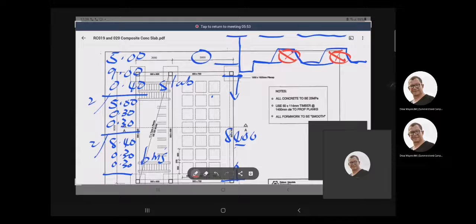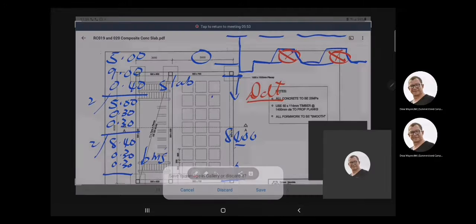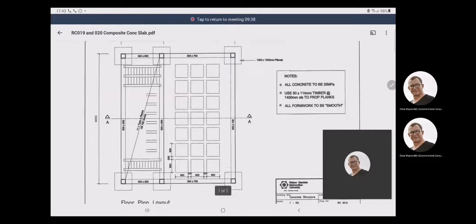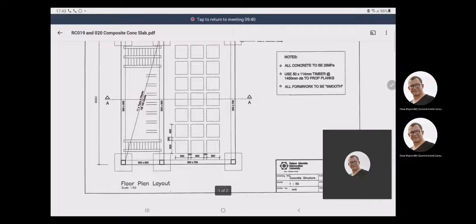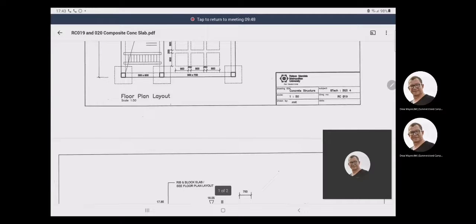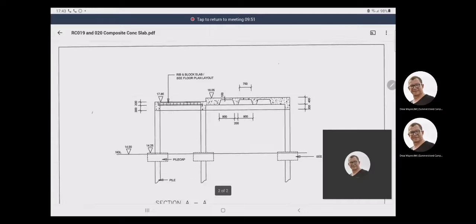So in my dimension column my deduction would be, as I take the dimensions for my coffers, my dimension for my coffers is shown to me as 900 at the bottom, 900 and 750.